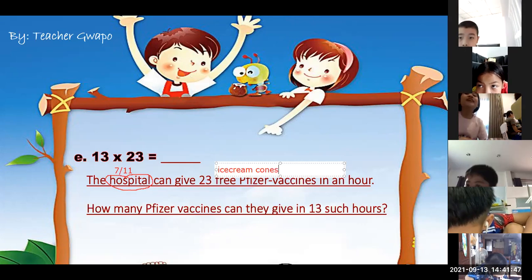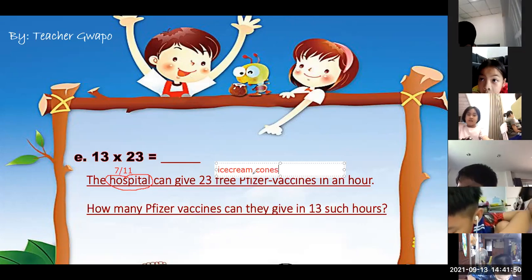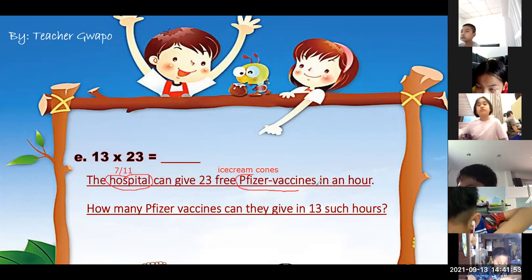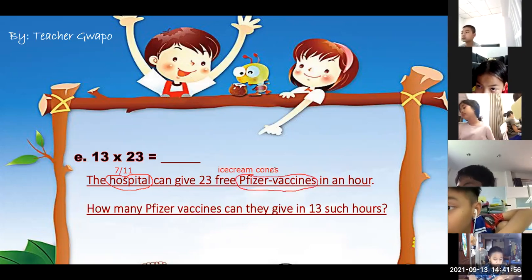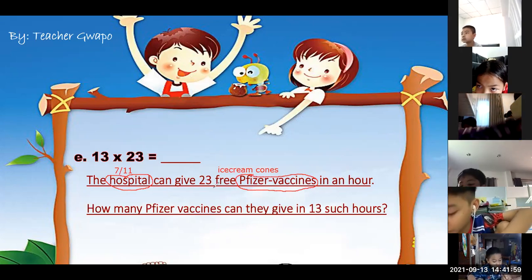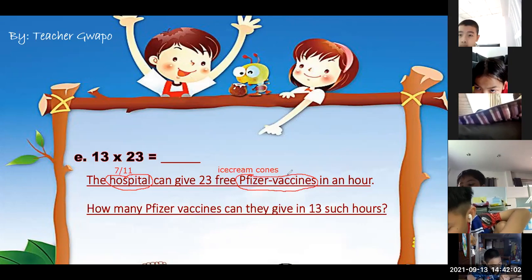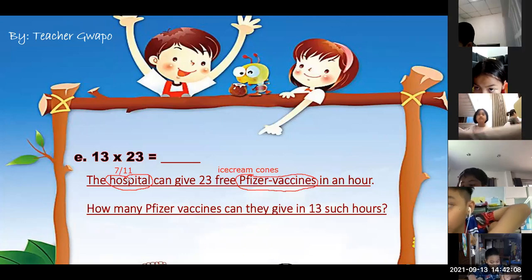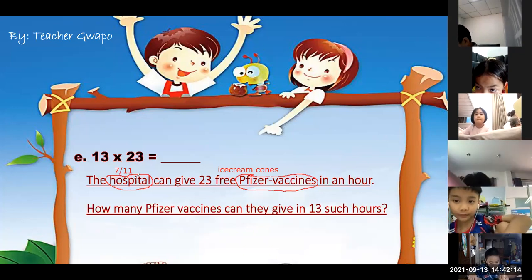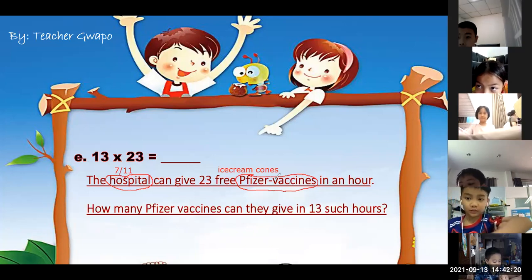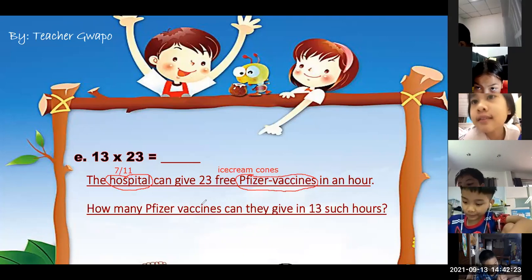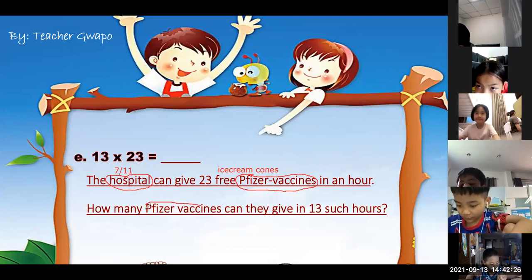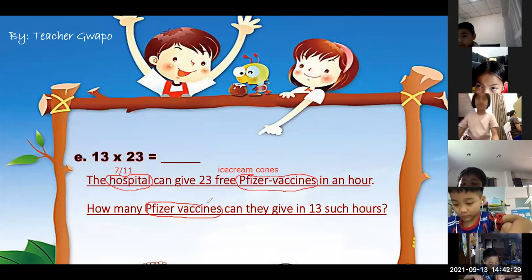Now instead of Pfizer vaccines, we change this one into ice cream cones. So the 7-Eleven can give 23 free ice cream cones in an hour. Instead of 7-Eleven, you can use Big C, Tesco Lotus, or a canteen.